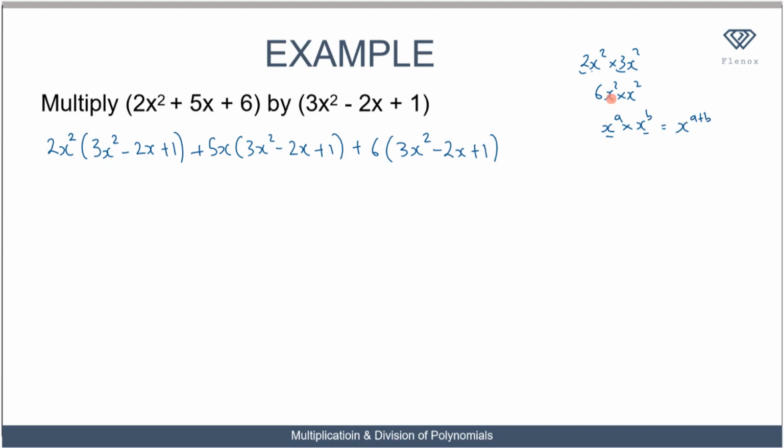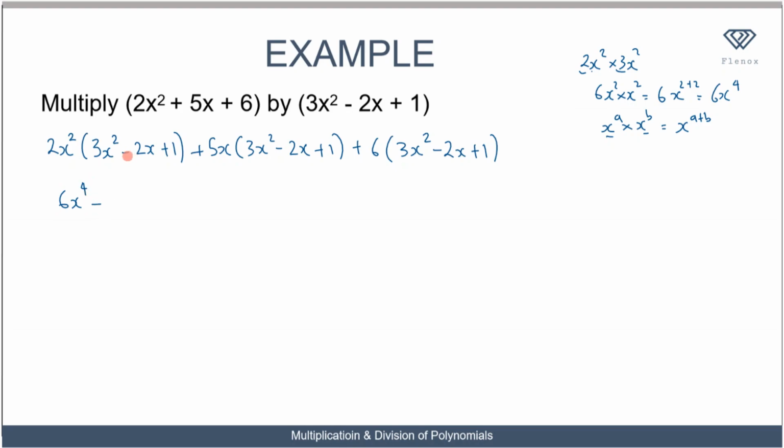So x squared times x squared is x raised to power 2 plus 2, which is x to the power of 4. When you multiply two terms that contain x, you combine them and add their powers. So this becomes 6x to the power of 4.